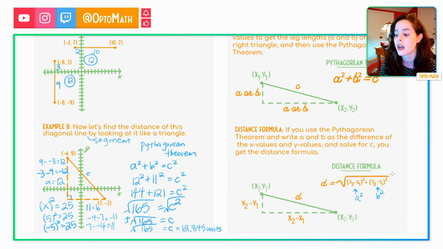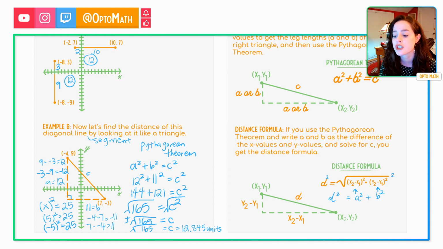And if you wanted to get rid of that, you could square both sides of this, and you would get d squared equals A squared plus, from this plus, B squared. And d, isn't that the diagonal segment, just like our c was the diagonal segment? Well, yes. So as you can see, the distance formula is the same thing as the Pythagorean Theorem. It's just written as if you're looking at your coordinate plane, with those endpoints given as xy coordinate pairs.